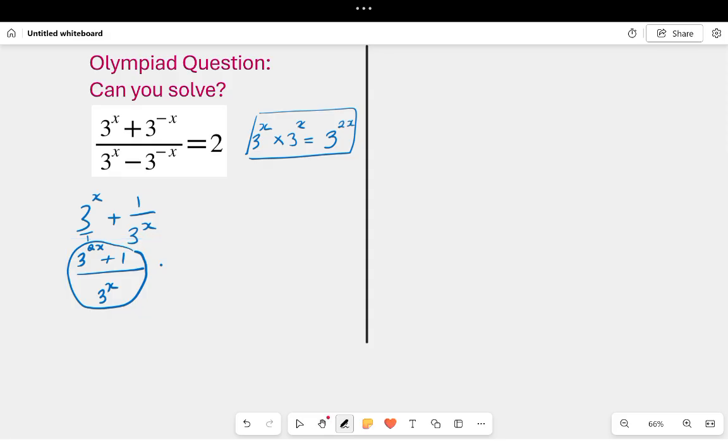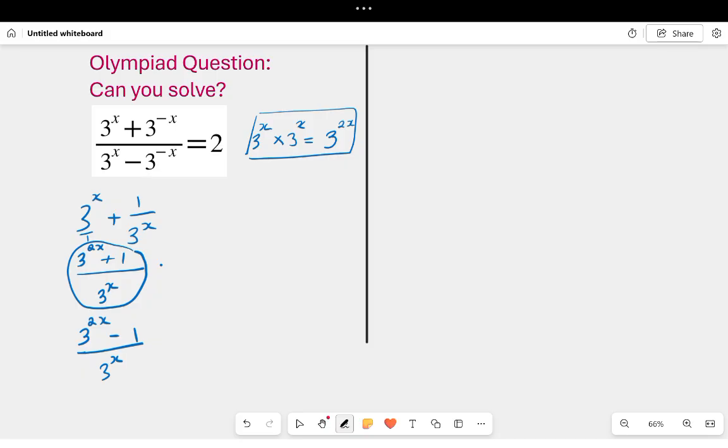So what we are going to do, we're going to copy the same thing for the denominator. So the denominator is going to be 3 to power 2x. Now it's going to be minus 1 over 3 to power x. All right.